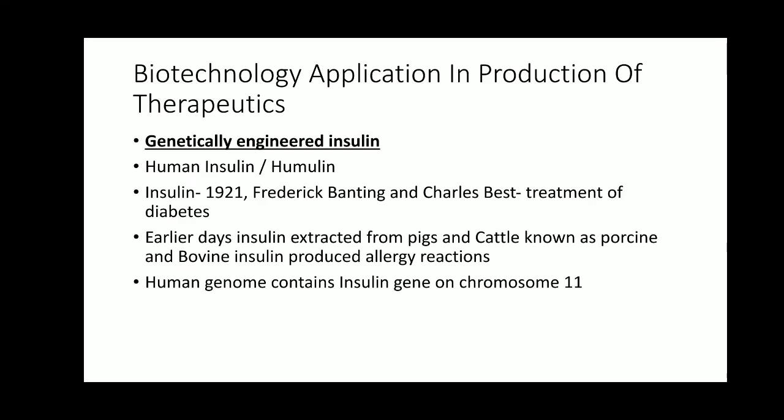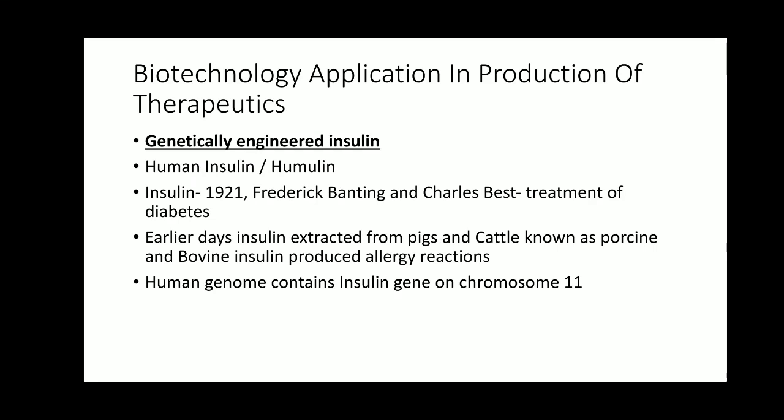Therefore, repeated use of this foreign insulin in the human body resulted in adverse effects, creating swelling and allergic reactions. That made a challenge, and a way, to produce insulin via recombinant DNA technology.